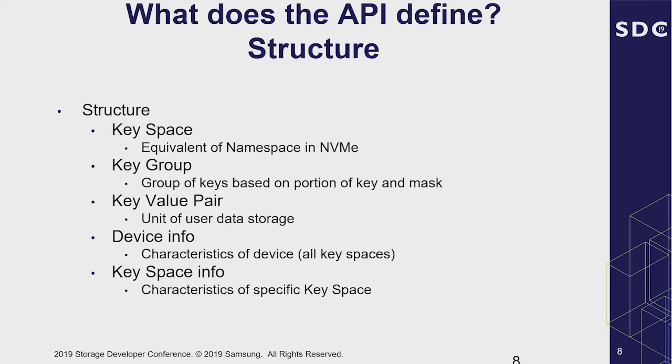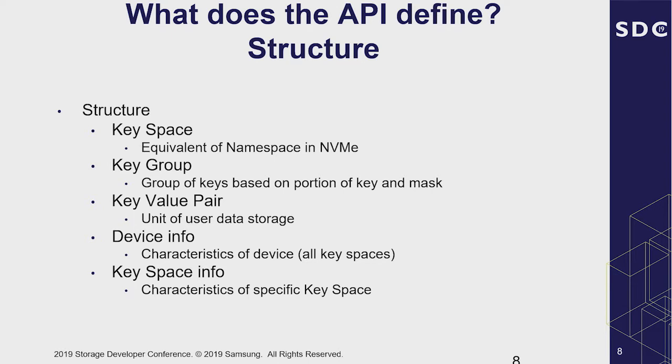So what does the API define? First, I want to talk about structure. It has a multi-level structure. It has a key space, which is the equivalent of a namespace in NVMe, but it is a space for which, in that entire space, your keys are unique.